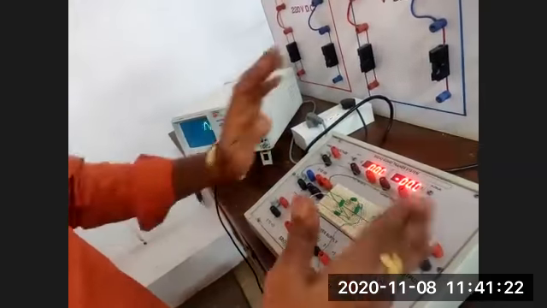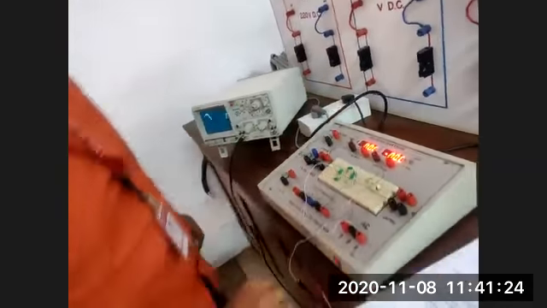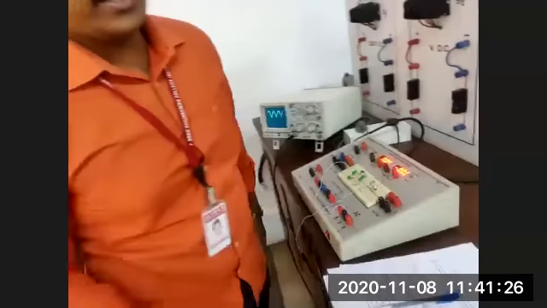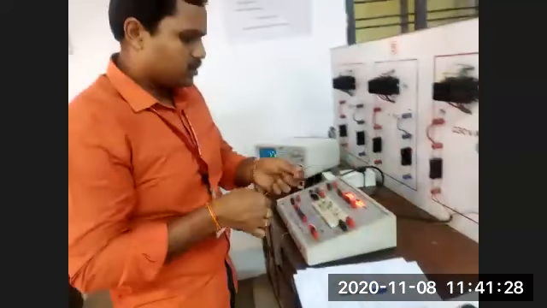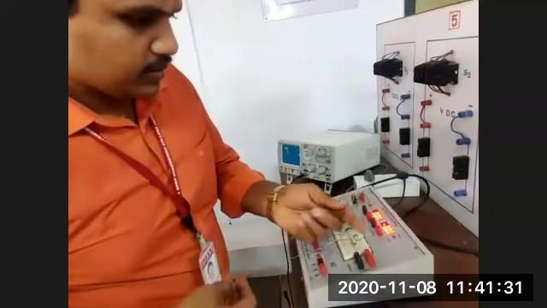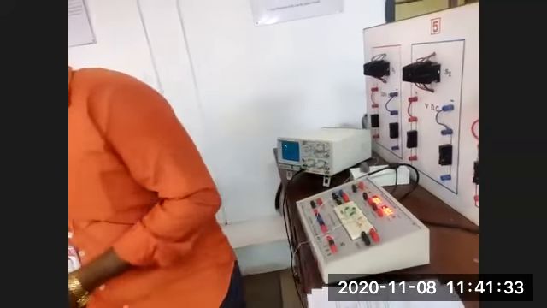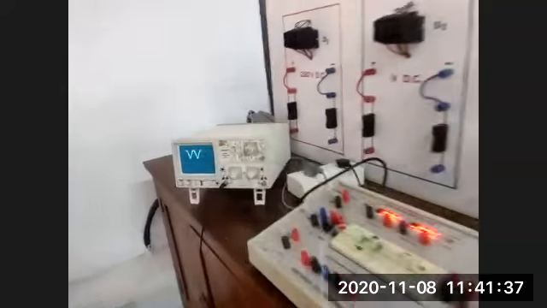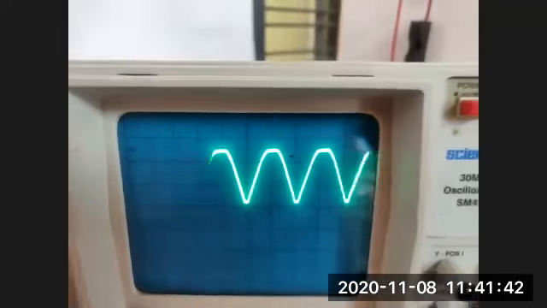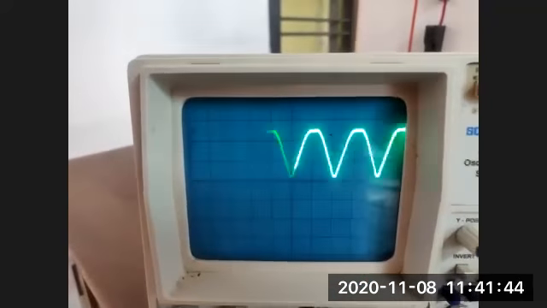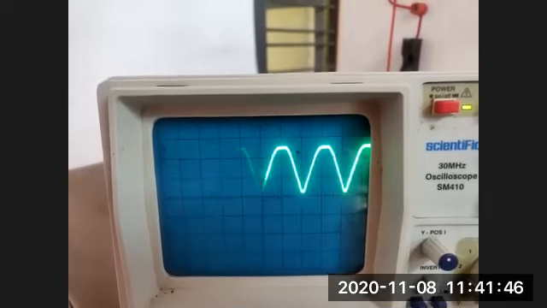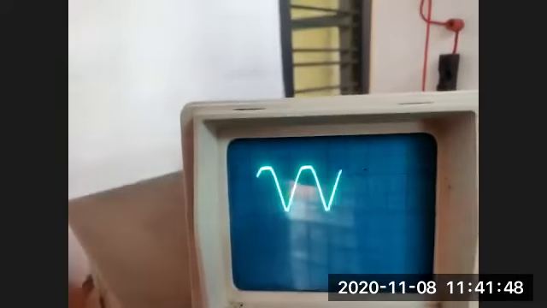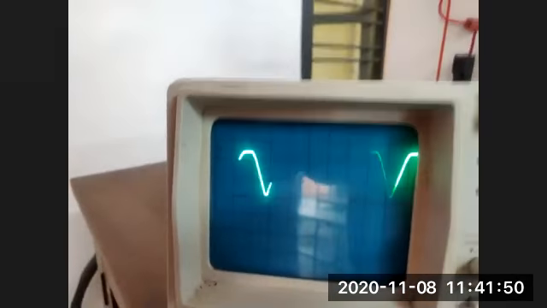We place the capacitor and connect the load across the filter. So this is the waveform of the full wave rectifier without filter. Now we just connect the capacitor.